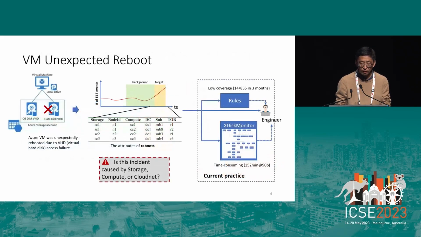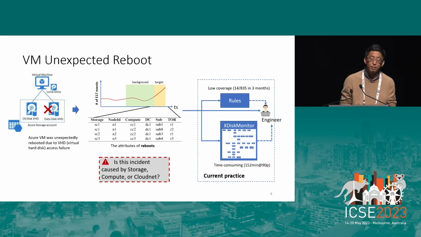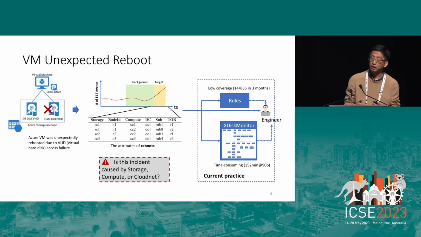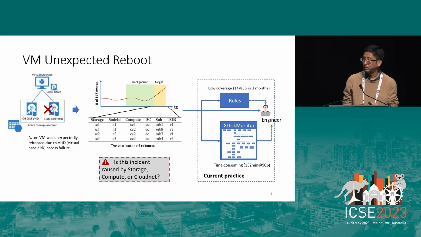We found that this problem is not unique to Microsoft Exchange. It is a common problem for many systems, for example VM unexpected reboot failure. If the hard disk fails, then the VM will be automatically rebooted. Developers may ask whether this incident is caused by a storage problem, a computing node problem, or a networking problem.